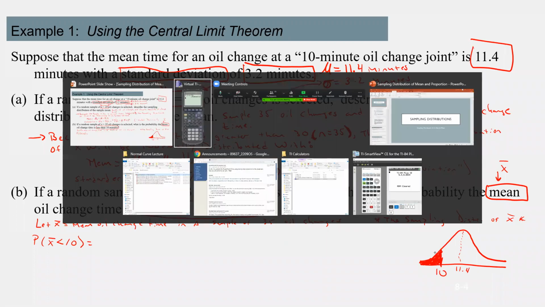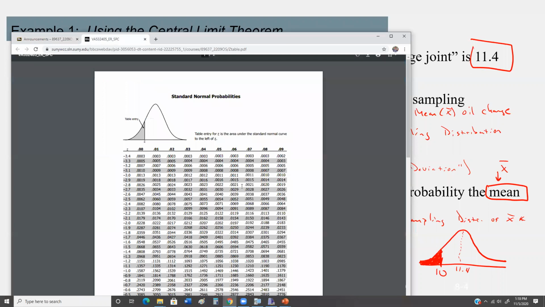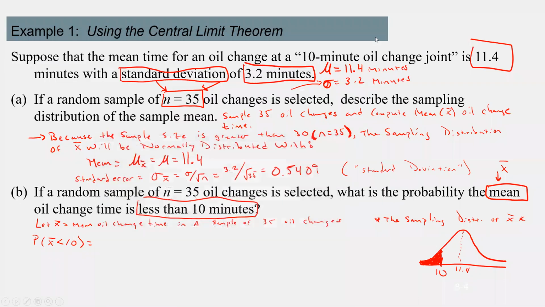When I say by hand, what I mean is we're going to use this table right here. So to use this table, does anybody remember what I have to calculate? It started with a Z. Yep. Thank you, Emmanuel. I have to calculate a Z score.